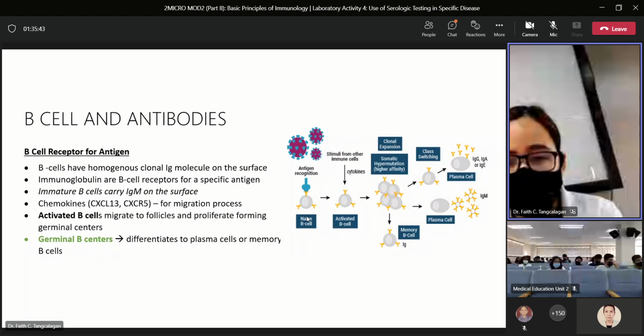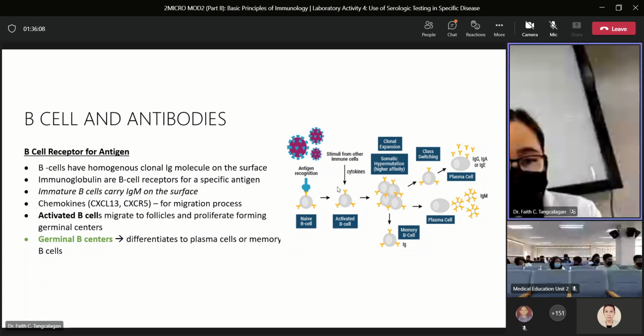Immunoglobulin serves as the B cell receptors, and these are called your humoral immunity. It's where your antibodies are present, or it has the immunoglobulin. So immunoglobulin serves as B cell receptors.